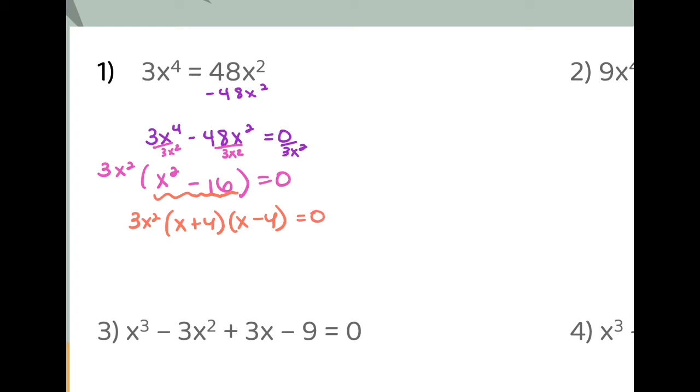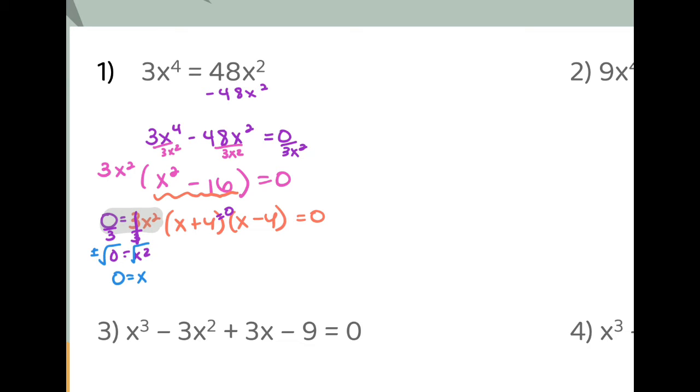And each of them is set equal to 0. So there are three separate terms being set equal to 0. The first being 0 equals 3x squared. If I divide both sides by 3, the 3 goes away. 0 equals x squared, and then I square root both sides, and plus and minus 0 is still just 0.